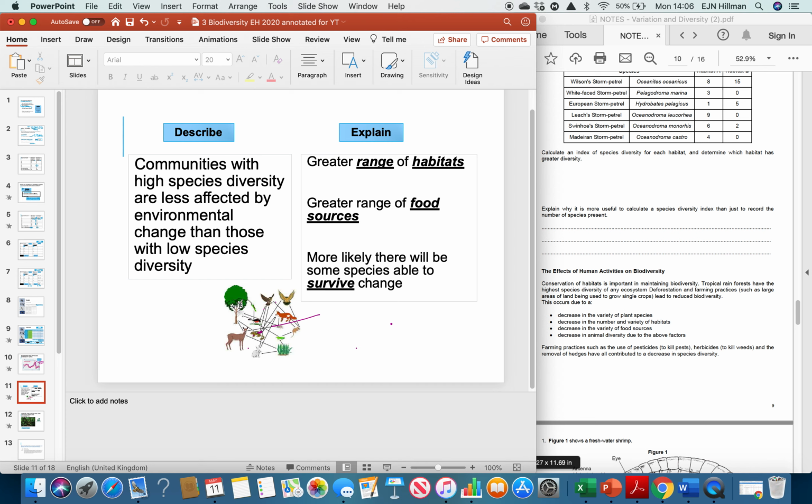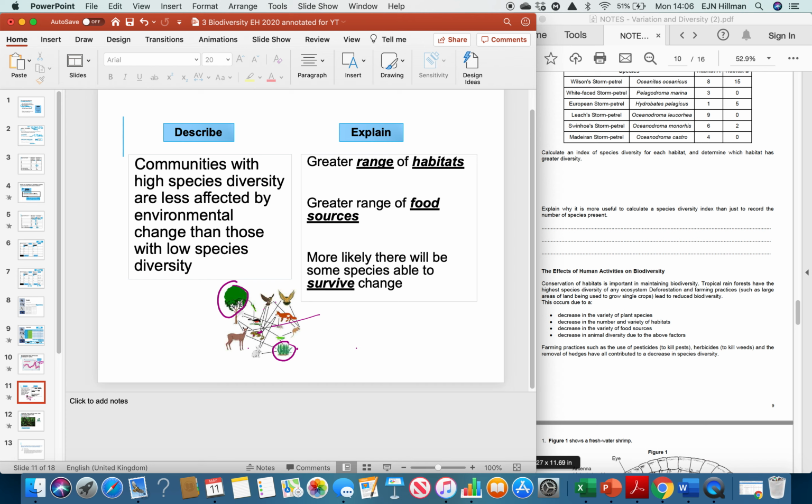If we look at this food web here, we can see that we've got plants. Now, if you have a high diversity of plant species, that provides habitats for different primary consumers, different animals. So we've got that range of habitats and also a greater range of food.